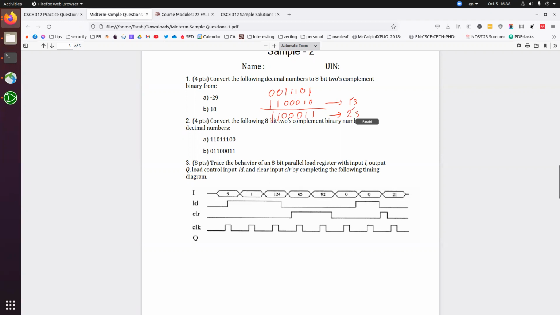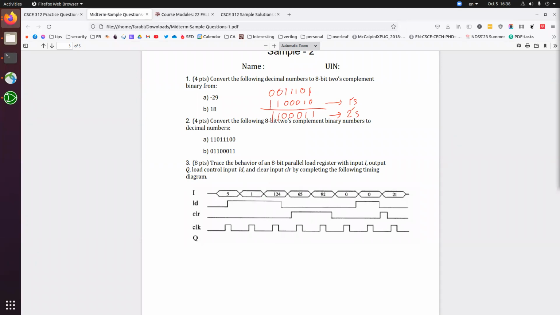So from here we can calculate what is the exact number of this binary representation. That's, I guess, 99. 11000011. That's 99.